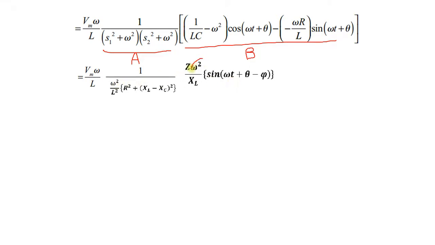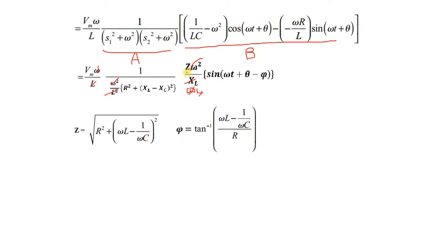Now this omega square and this omega square cancel, and this XL is replaced by omega L, and this omega will cancel, this L and this L cancel with L square. And we know the value of Z for a series RLC circuit, and the angle phi is also known. So you substitute this Z value here.